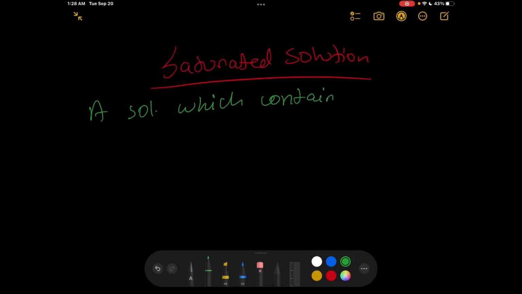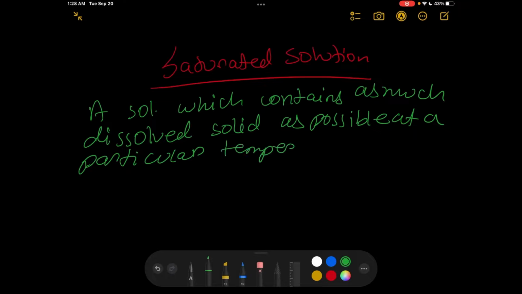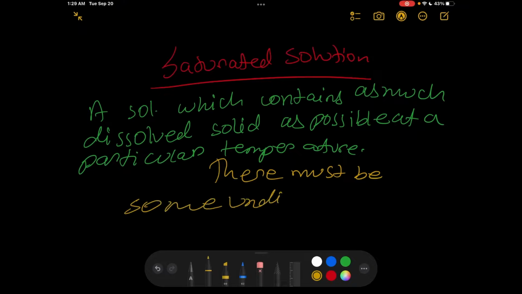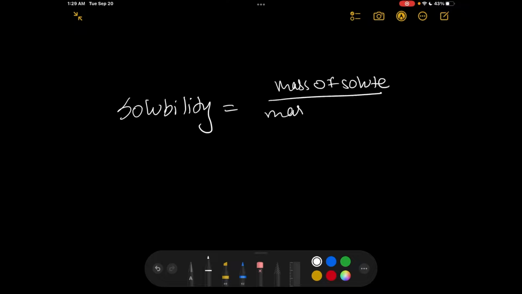Well, a saturated solution is a solution which contains as much dissolved solid as possible at a particular temperature. There must be some undissolved solute present as well. There is also a formula for solubility, and that is solubility equals mass of solute divided by mass of solvent, times 100.